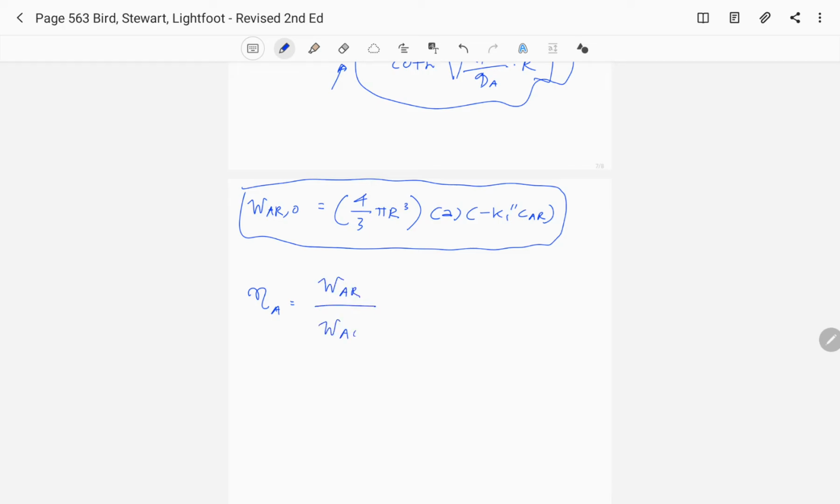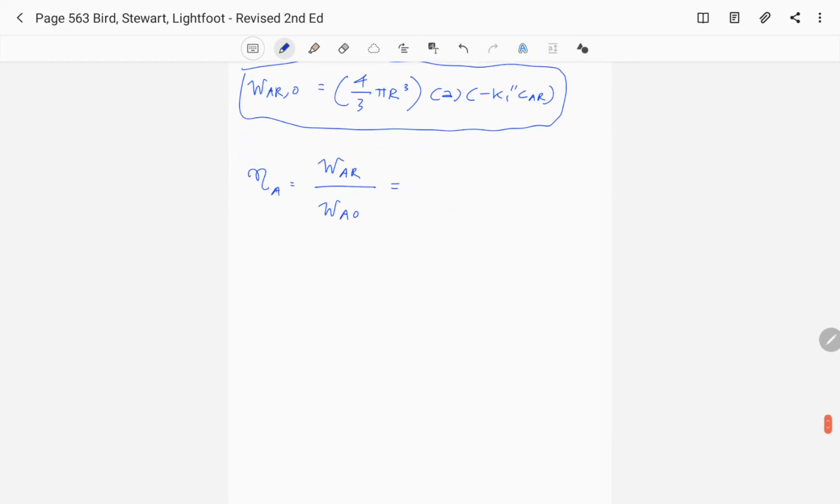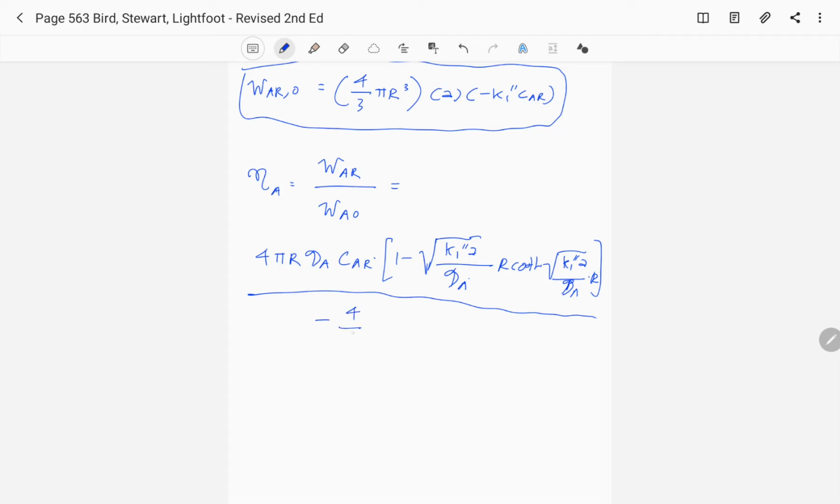Divided by this W naught, and that will be equal to 4 pi R dA CAR multiplied by 1 minus K1 A dA R cotangent H K1 A dA R divided by minus 4 divided by 3 R raised to 3 A K1 CAR.